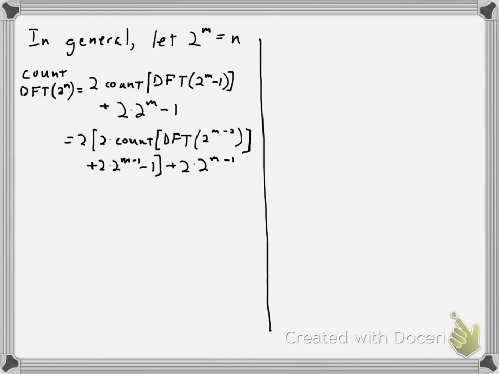So if we continue with this, we would be able to determine that the count of doing a DFT of a matrix of size 2 to the m is going to equal 2 to the m times (2m minus 1) plus 1. This would be the number of operations if we use this fast Fourier transform.